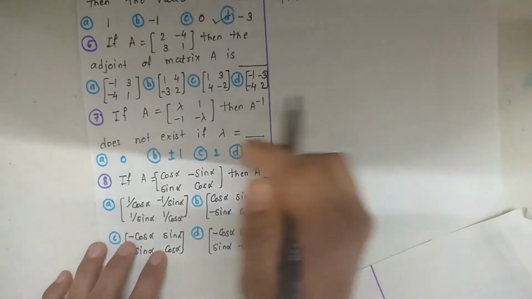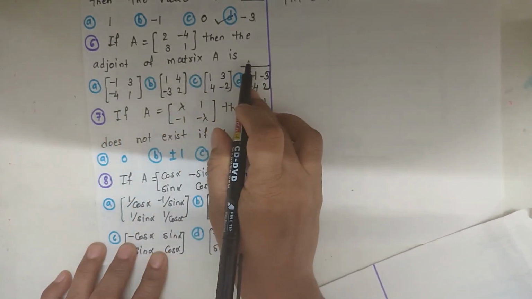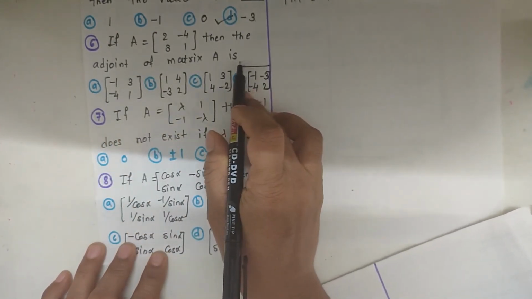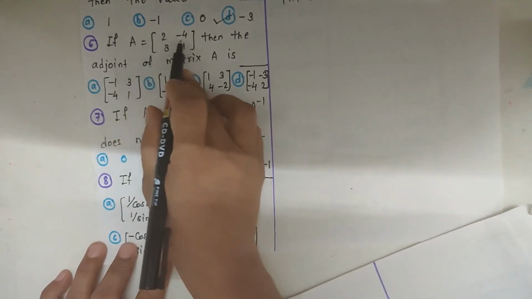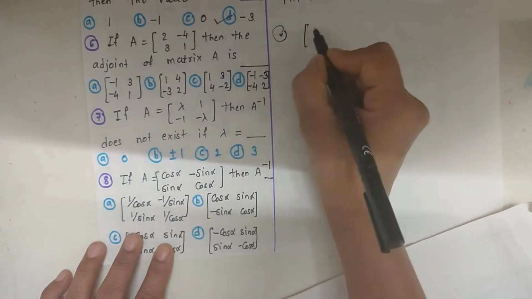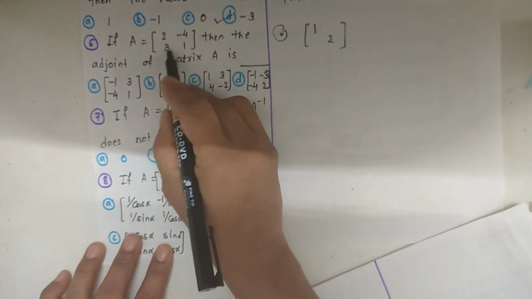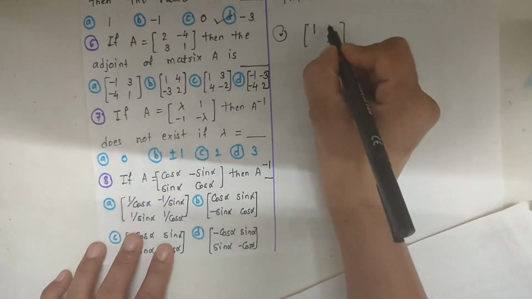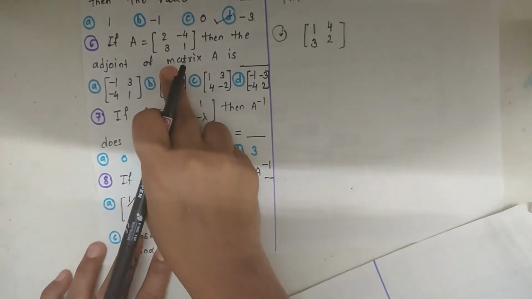Next MCQ. If A is a matrix, then find the adjoint of matrix A. We have already found that the adjoint of any matrix is obtained by exchanging the diagonal elements. So here, exchanging the diagonal elements 1 and 2, and exchanging the sign of non-diagonal elements, we get the adjoint of the given matrix.